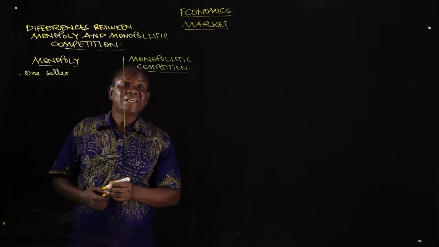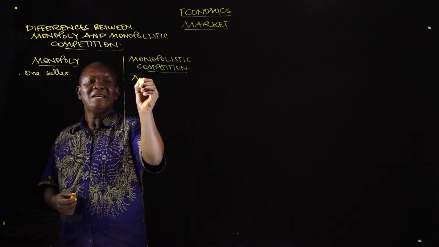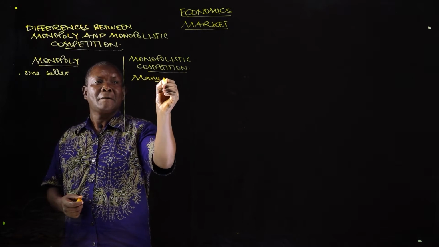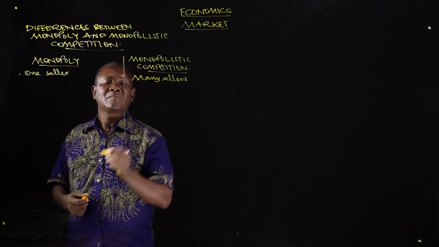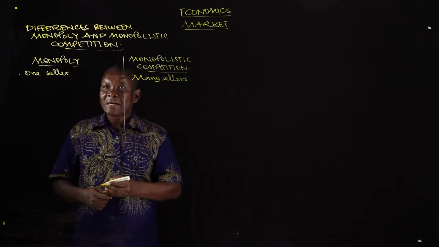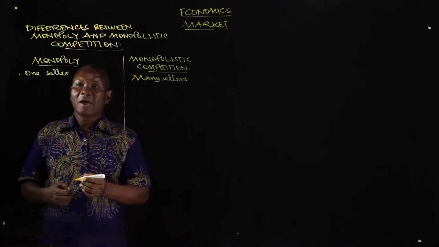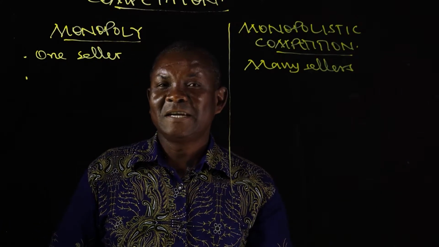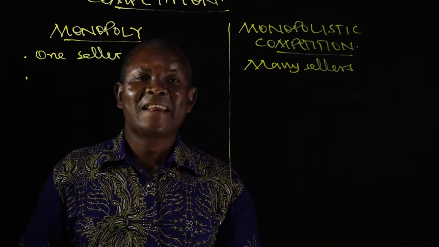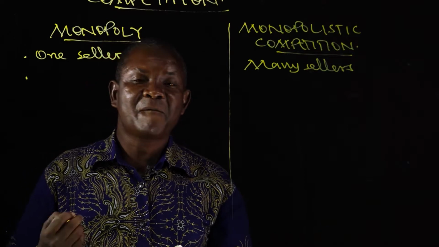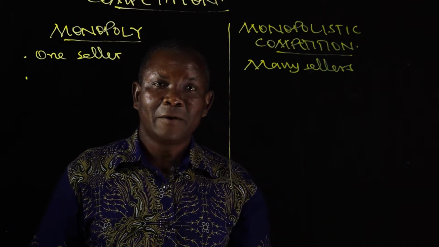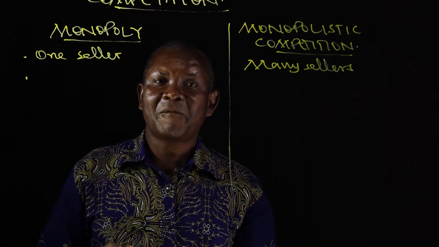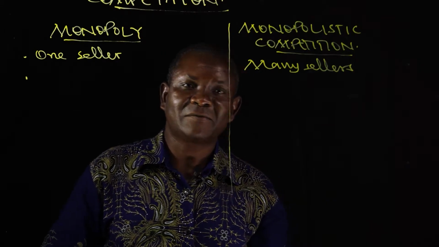But under monopolistic competition, there are many sellers. If you follow the same trend, you'll find that in monopoly, it's not easy to make a difference between a firm and an industry, because in monopoly, a firm is also an industry.